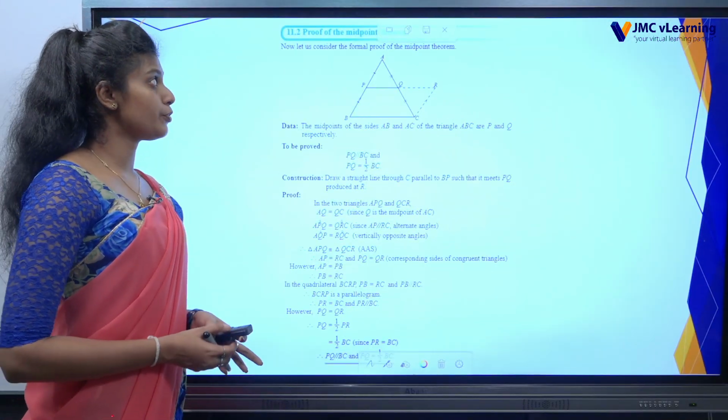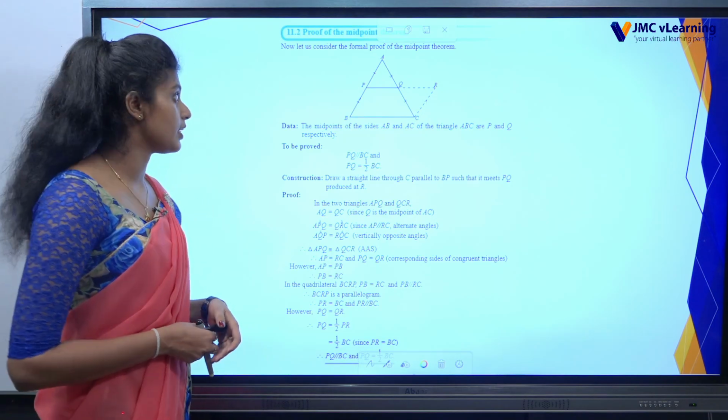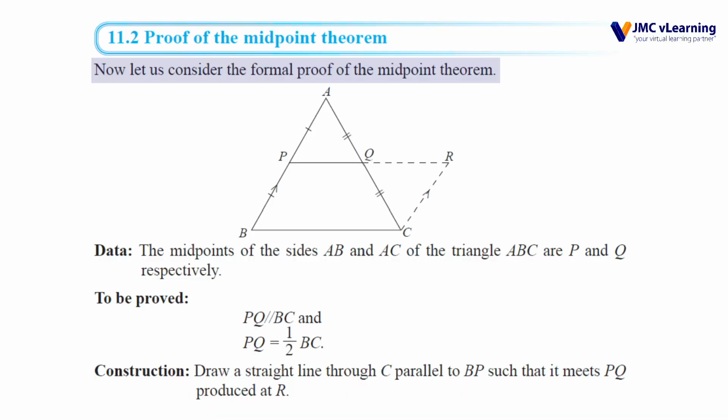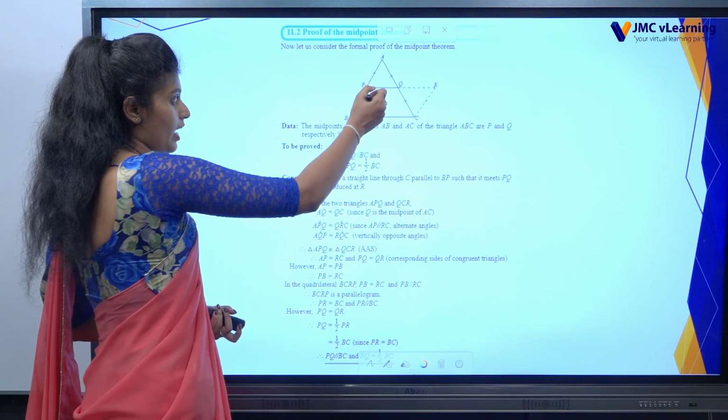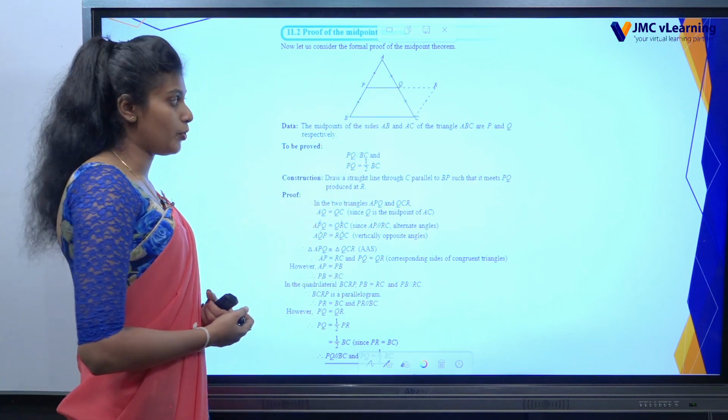Then let's prove the midpoint theorem. Let us consider the formal proof of the midpoint theorem. This proof you can see in your textbook. There's a data. What is the data? The midpoints of the sides AB and AC of the triangle ABC are P and Q. Here P and Q are the midpoints.